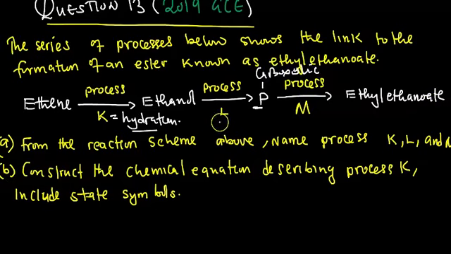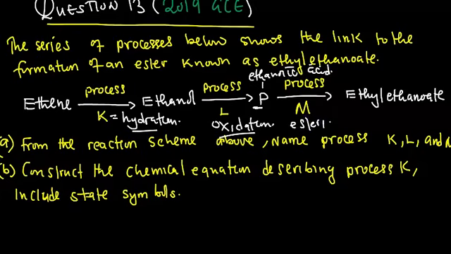So what is this process L? The process which converts ethanol to acid, or which converts alcohol to acid, is called oxidation. Okay, now this carboxylic acid that is formed here, which is the ethanoic acid, undergoes process M, which is esterification.